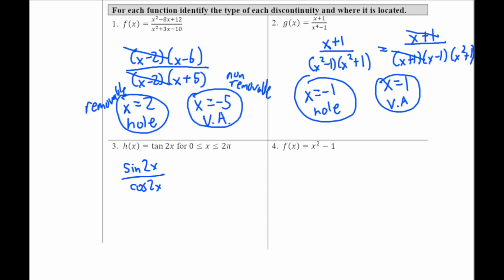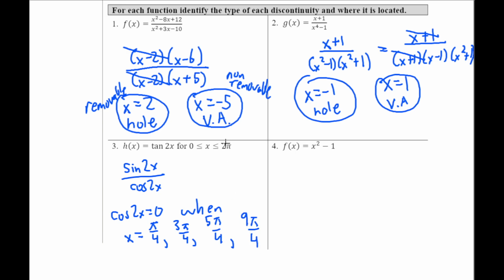Cosine of 2x is equal to 0 at these points here: x equals pi over 4, 3 pi over 4, 5 pi over 4, and 9 pi over 4.